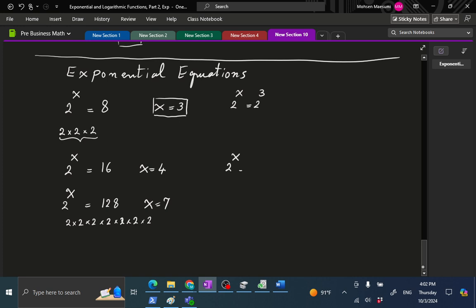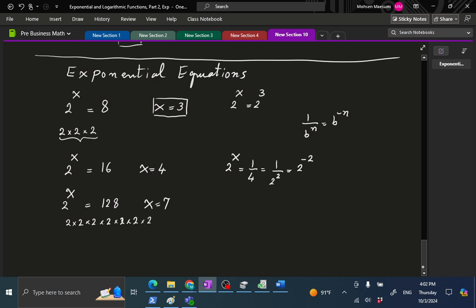Suppose I say 2 to the power of x is equal to 1 over 4. Well, 4, I remember that is 2 squared, and last time we learned that 1 over b to the power of n can be written as b to the power of minus n. So I can write this as 2 to the power of minus 2.